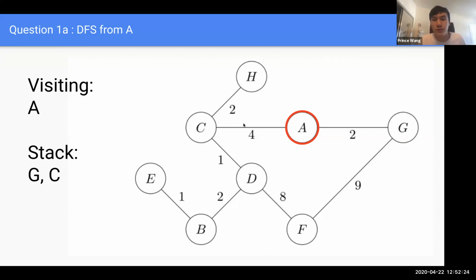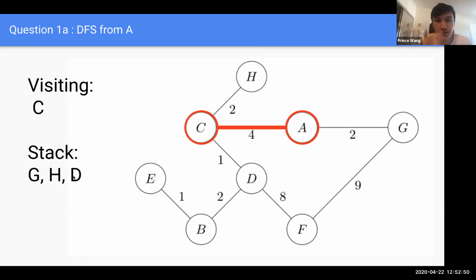So which one do you go to next? C or G? Remember, we break ties by alphabetical order. C, yeah, because C comes first. Cool. Now we have G, H, and D in the stack, where H and D enter the stack at the same time.